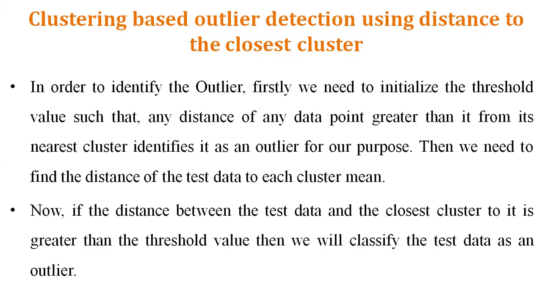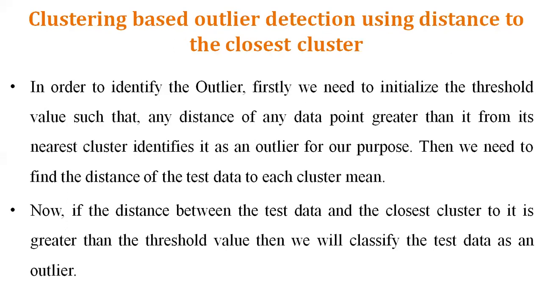You always need to keep in mind that we need to have some threshold value. Any point whose distance from its nearest cluster is greater than it is identified as an outlier. According to our purpose, we may say it belongs to outliers or not, according to the threshold value. Okay.